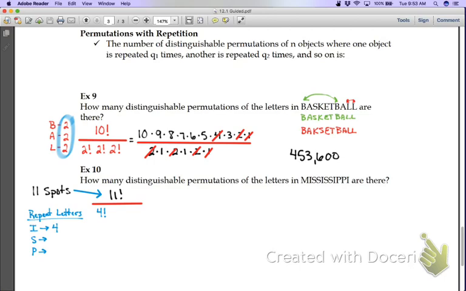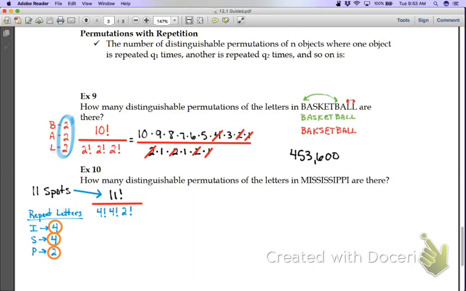How many times does S repeat itself? 4 times. So I'm going to have another 4 factorial on the bottom. And then how many times does P repeat itself? 2 times. So I'm going to have 2 factorial. Every time I have a repeatable letter, value, whatever, okay, I have to divide by that factorial number of however many I have.